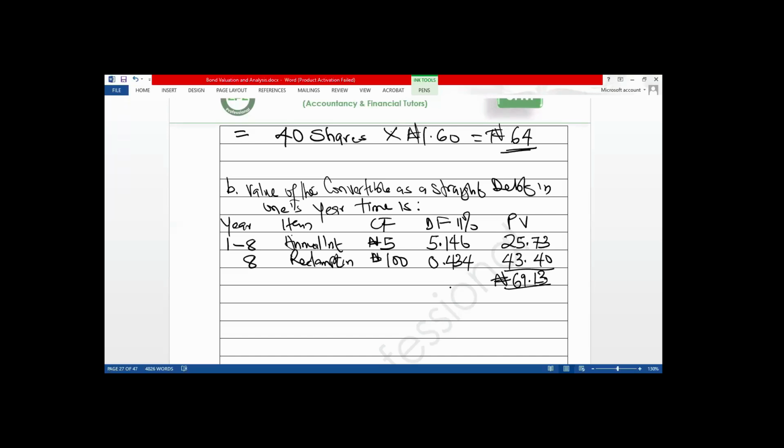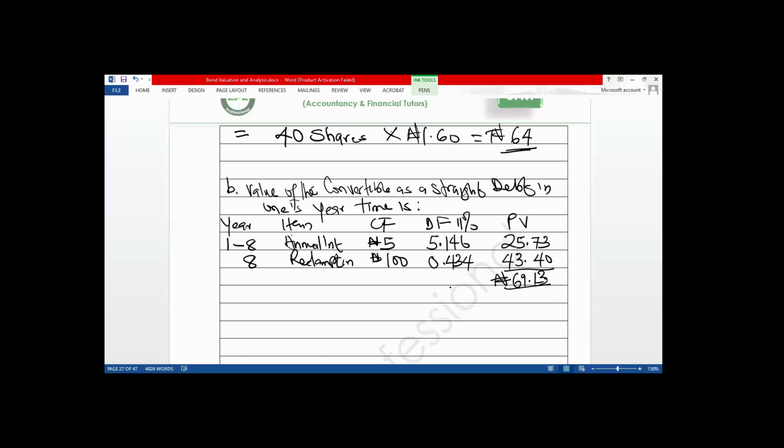As a bondholder, for me to be motivated to convert the debt to equity, that equity must offer me a value that is equal to or greater than 69 naira 13 kobo. Does that make sense to us?